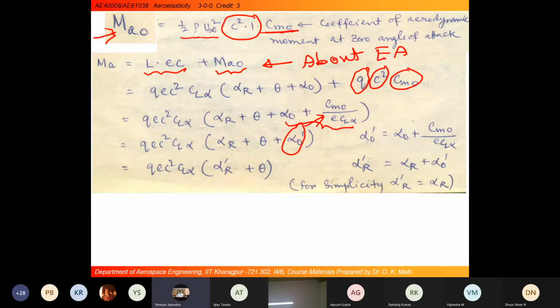Sir, but how can we be sure that there will be no pseudo moment when we are taking moment about the aerodynamic center? See what I am saying, considering that our aerodynamic analysis is correct. In this case, the aerodynamic information is given by the aerodynamic people or CFD people who are doing dedicated computational fluid dynamics problems.